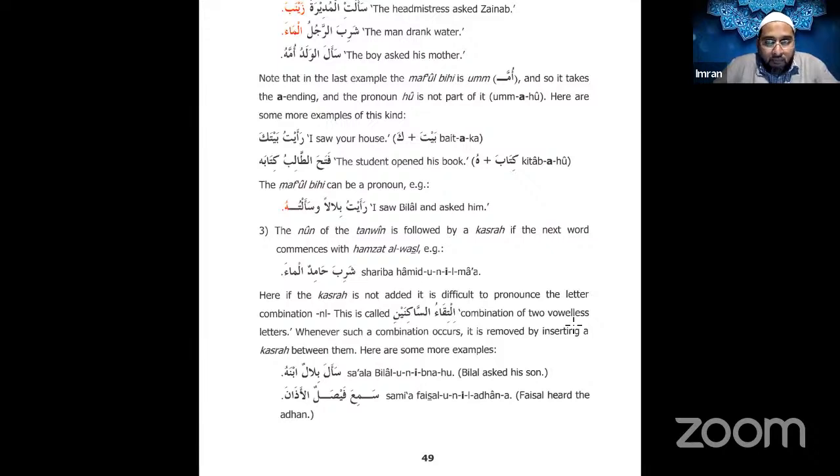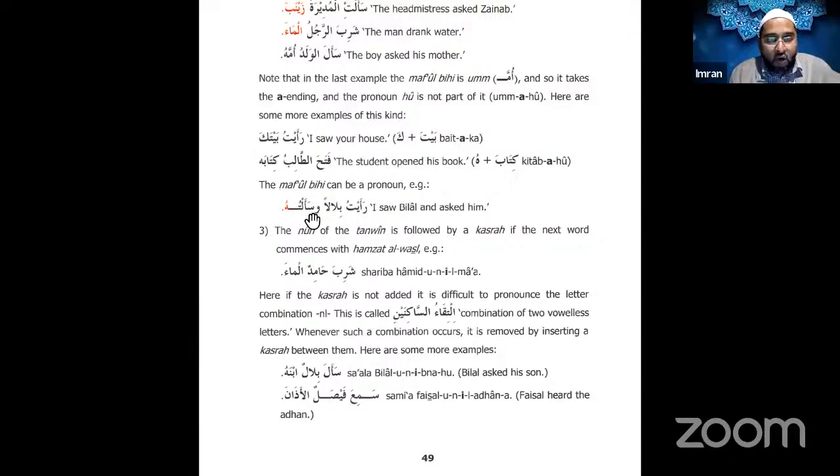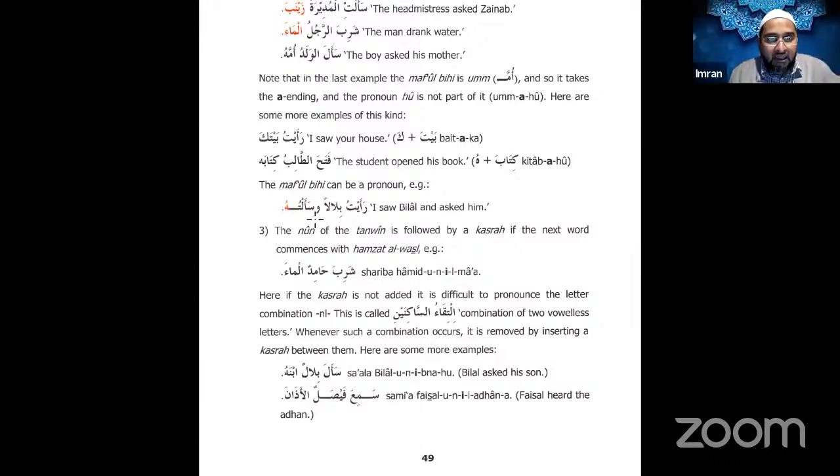In the previous example, kitabuhu, it was a noun and a pronoun together, mudaf and mudaf ilayh. Now over here, what we have is a pronoun by itself, which is coming in the place of an object. Ra'aytu Bilalan, I saw Bilal. Wa sa'altuhu, I asked him.